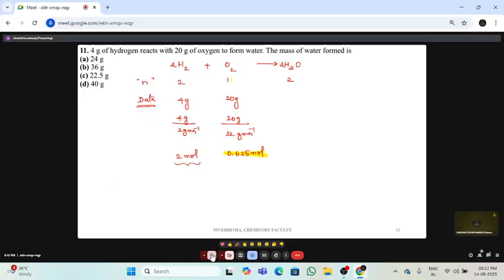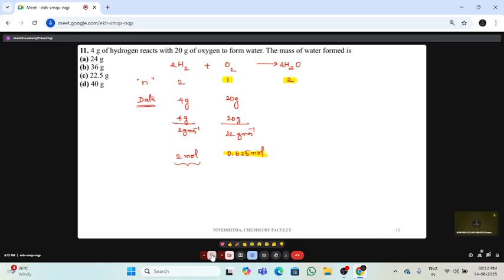So according to the inference, if the oxygen's number of moles is 1, then the water formed will be 2 moles, right? Here the ratio is 1 is to 2. So the quantity of water formed will be 2 times the quantity of oxygen. So here oxygen was 0.625. So what will be the number of moles of water formed? It is 2 times the quantity of oxygen, right?